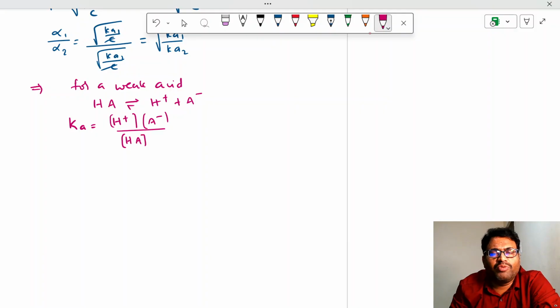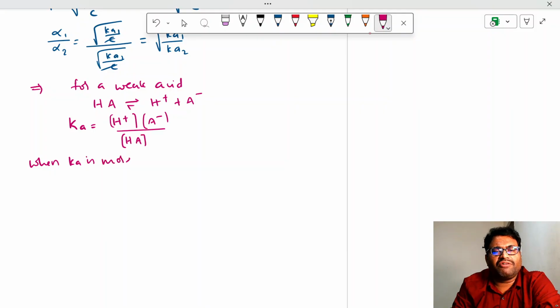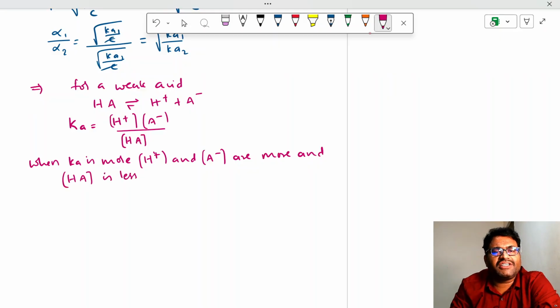When Ka is more, what does that represent? H plus ion concentration and A minus concentration are more, and HA concentration is less. Is it correct or not?